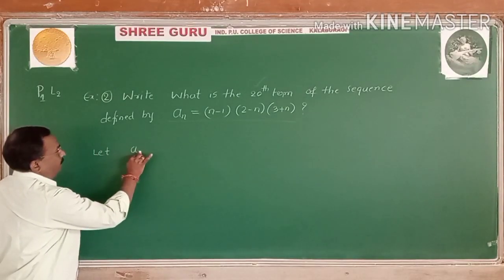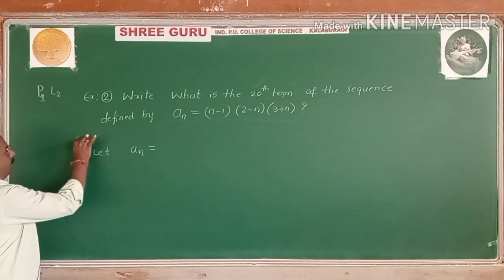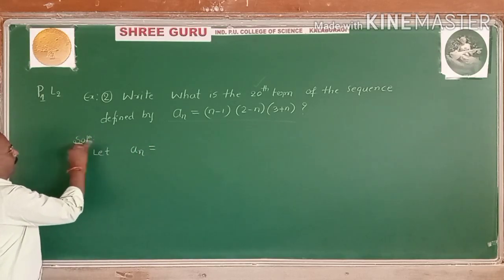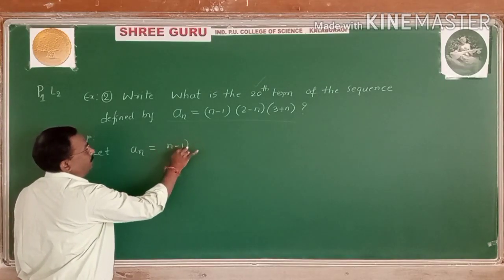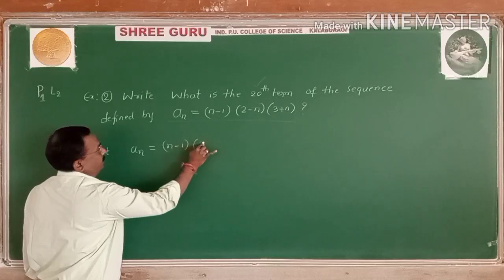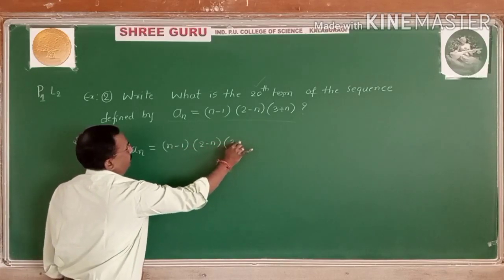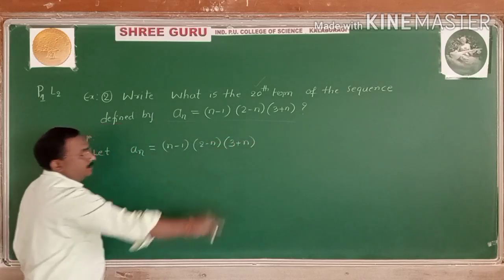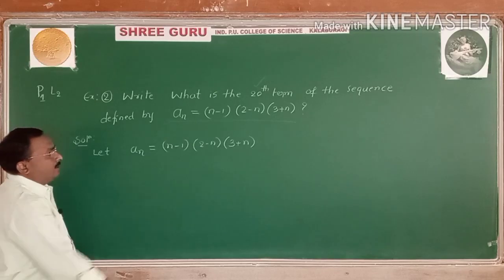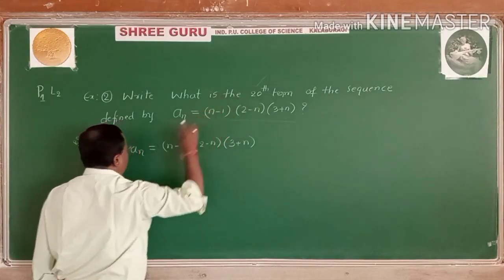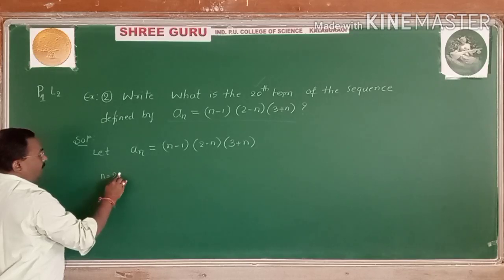An is equal to (n minus 1)(2 minus n)(3 plus n). This is the nth term. To find the 20th term, replace n with 20.